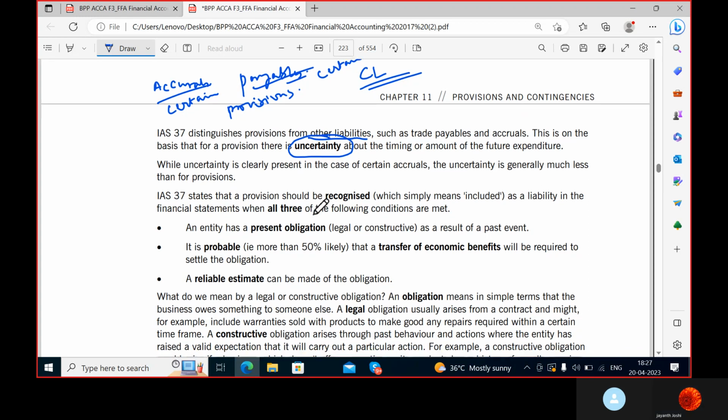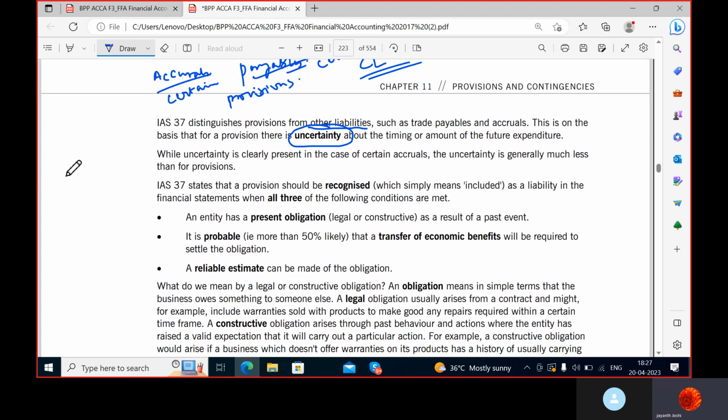Whenever we have to read or go through something in accounts, we need to know whether it is recognized in the books or not. Till now you have known that two things are very important: one is recognition criteria, another is measurement criteria.